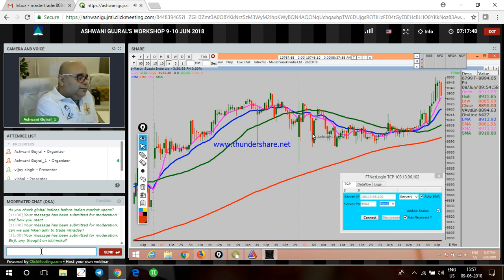Bears slammed it, unsuccessful. Slammed it, unsuccessful, unsuccessful, unsuccessful. All day bears were unsuccessful. And finally, see what's happening here. The 20 is getting held. So Maruti is giving an indication it wants to go up.